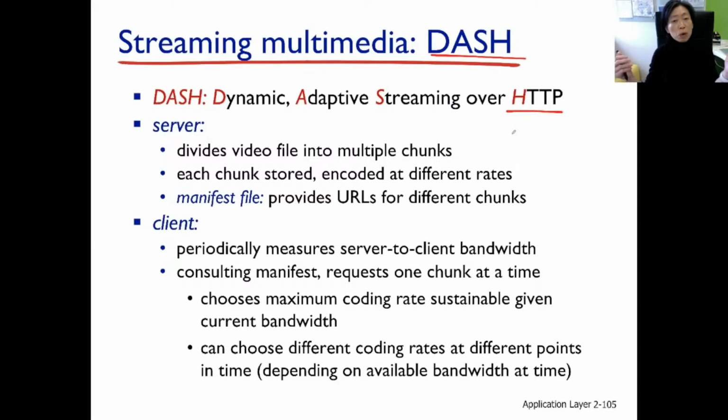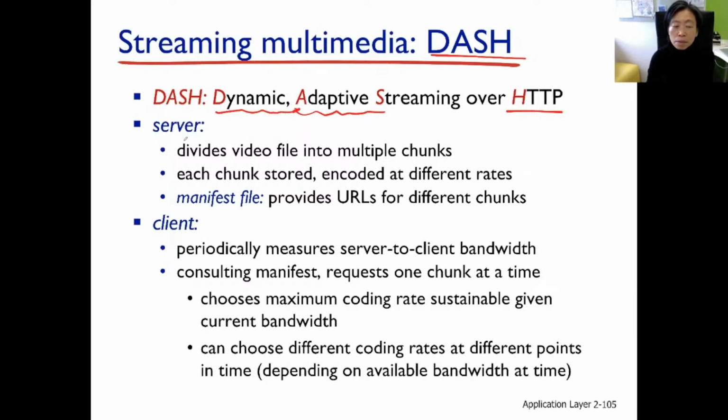People come and go, sending other video traffic, sending other big file download traffic. These interact with each other, and therefore the available bandwidth between the client and the server varies a lot over time. So DASH is to try to adapt to the internet conditions, which are very dynamic.